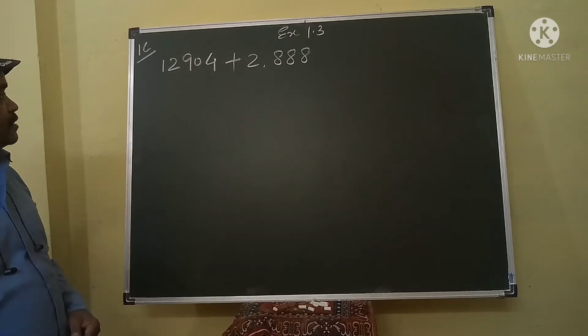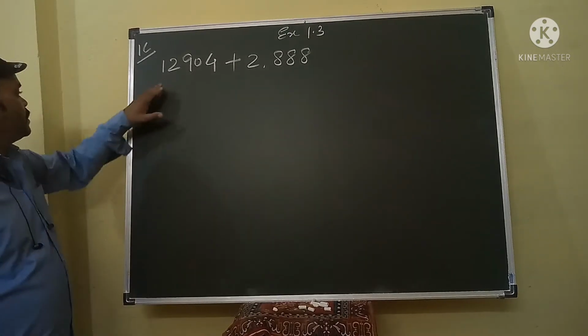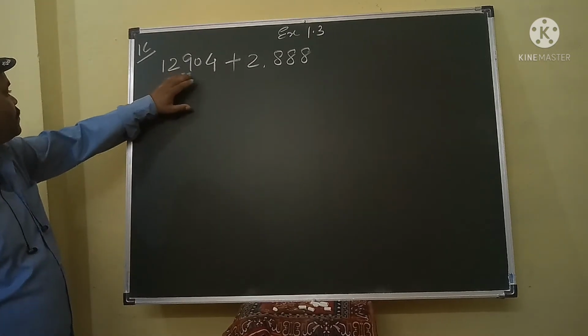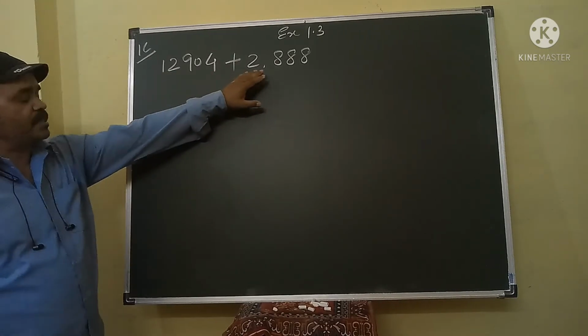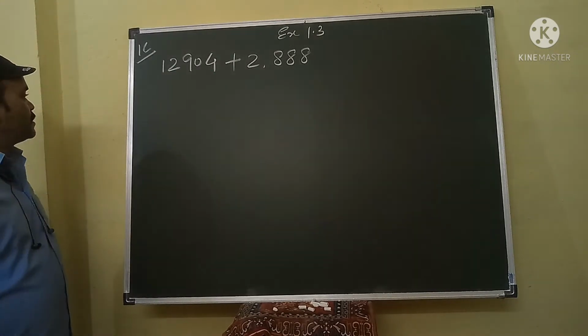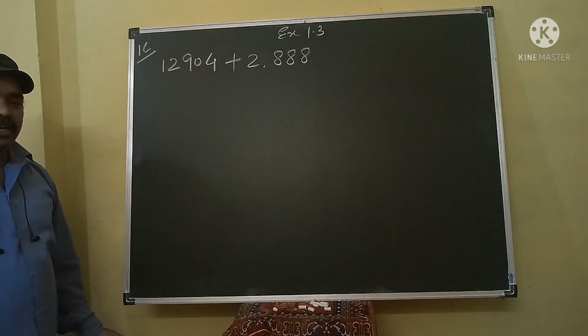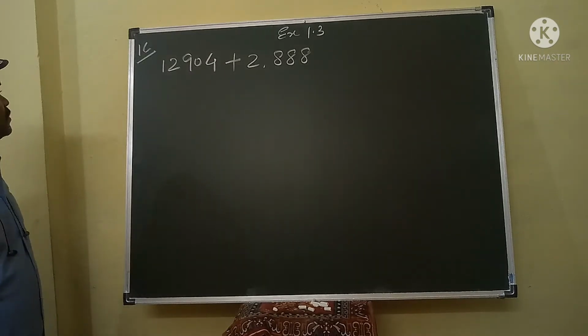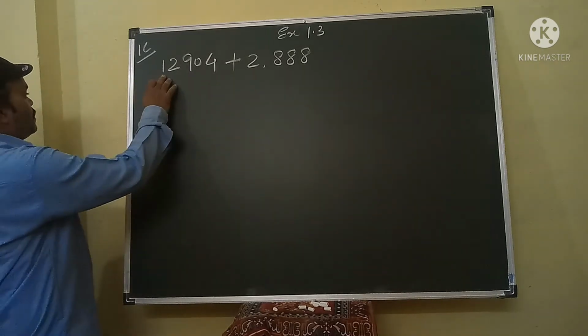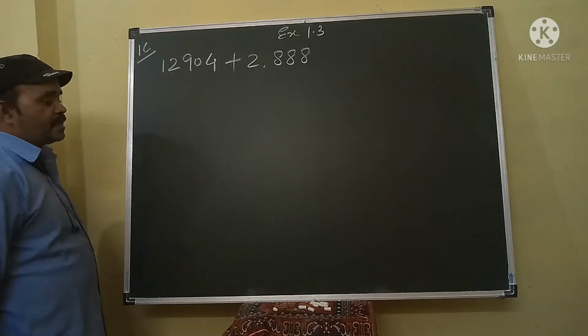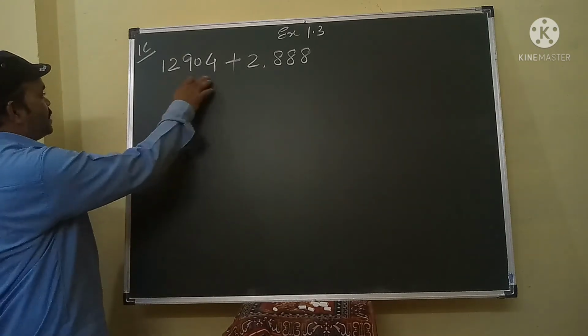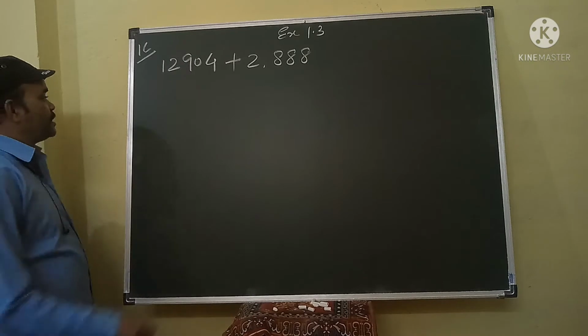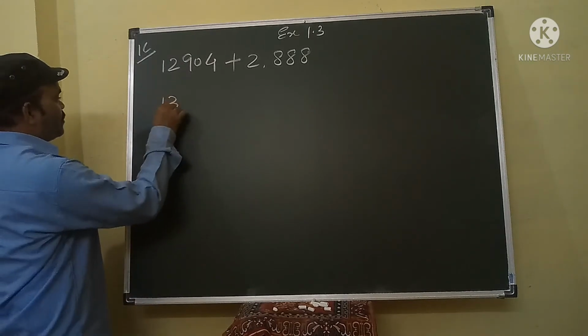My dear student, your next question is 12,904 plus 2,888. In this question, we apply the same procedure. As you know very well, 12,904 is nearest to 13,000.